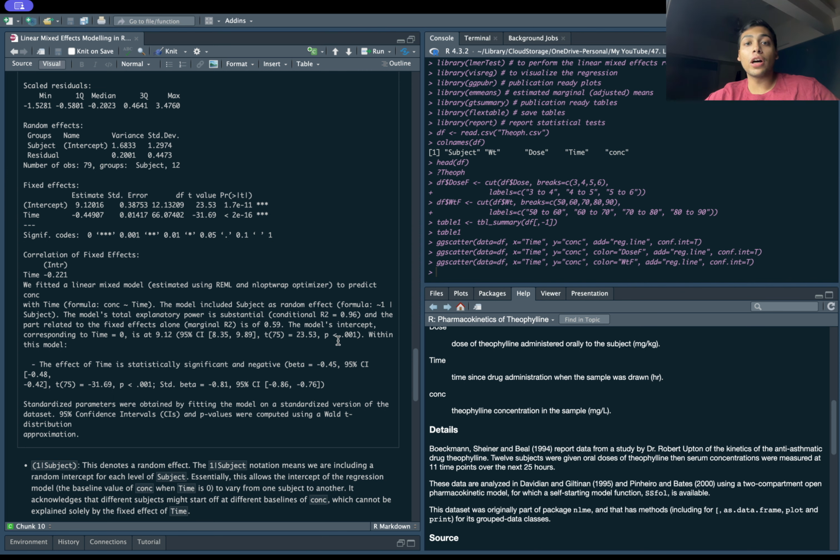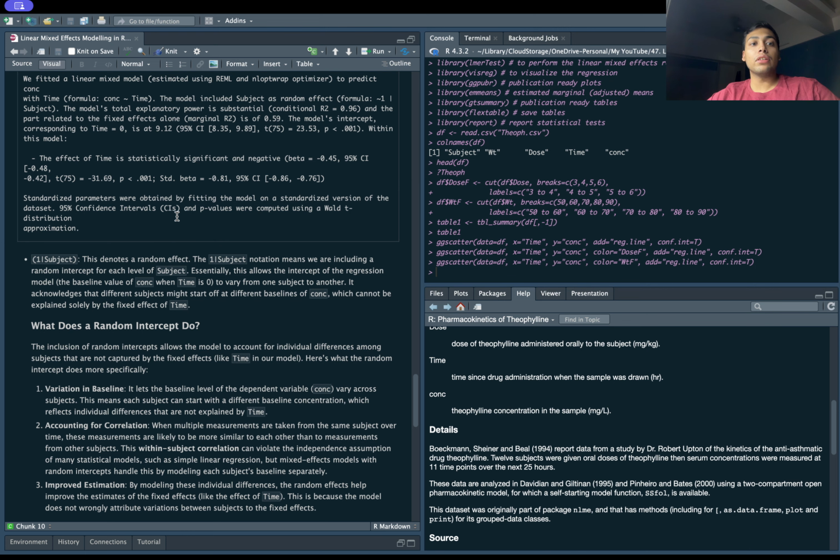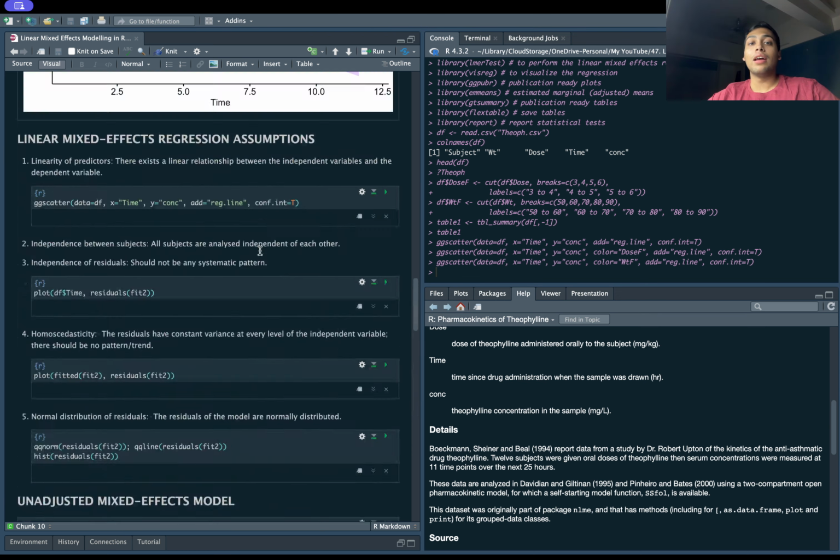Why adjust for other factors? We already have a certain variable, time in this case, which explains 96% of the concentration variance. Pretty good. But let us trot on and let us explore if the dose or body weight changes the model.